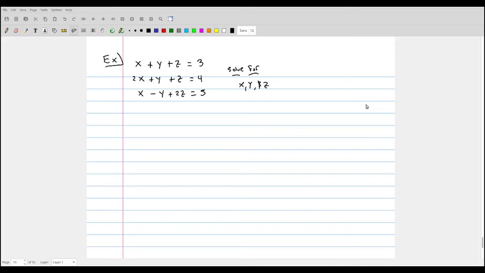So we'll look at this system of equations, and try and figure out how to do row reduction on this system of equations.